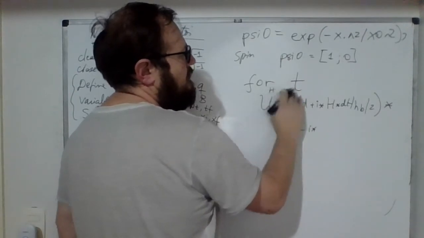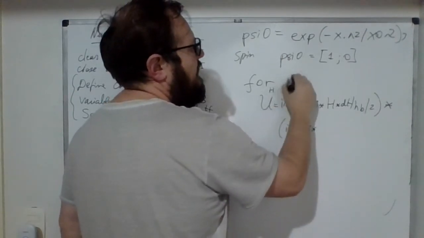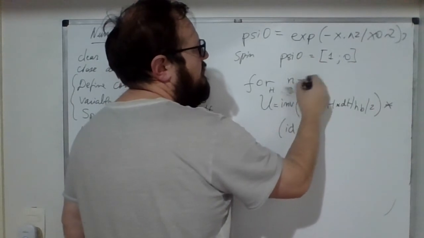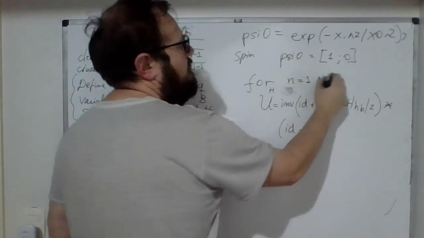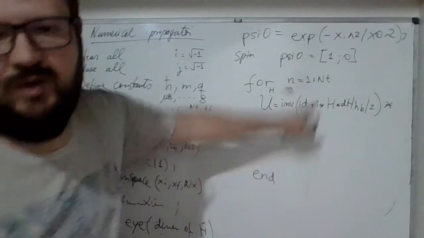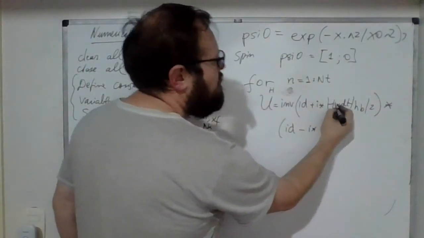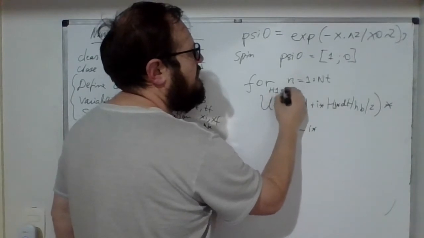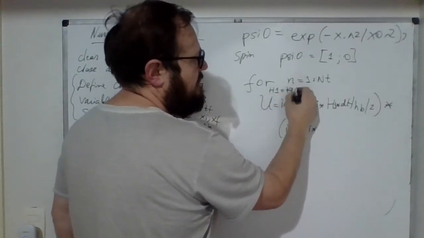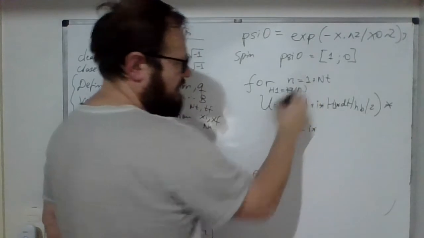Let me use some index n, n equals 1 until you reach your last point, nt. This Hamiltonian I will call h1, defined as the Hamiltonian at the n plus 1 instant of time.